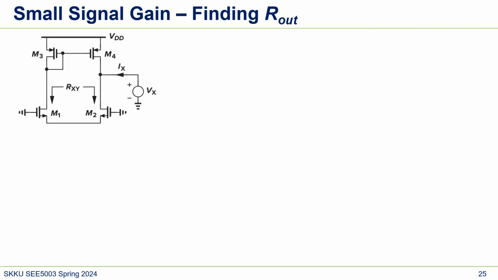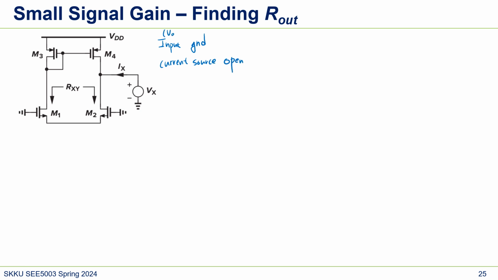To find Rout, what we have to do is first set the input to ground, right? Input ground and current source open. So input means a voltage source, right?